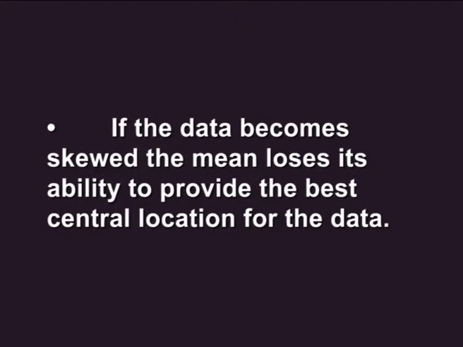But this method has certain limitations. Number one, it's unduly affected by extreme items, that is, the outliers. If the data becomes skewed, the mean loses its ability to provide the best central location for the data.